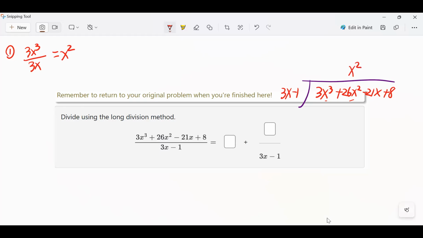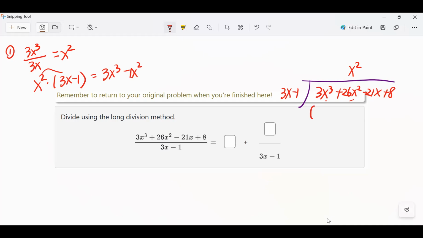And then step 2, right? Next step, you multiply this term x squared by the divisor x minus 1. We're gonna get 3x cubed minus x squared. Minus 1x squared, you don't want to do that because we're gonna do the operation later, so it's better to put back the 1.